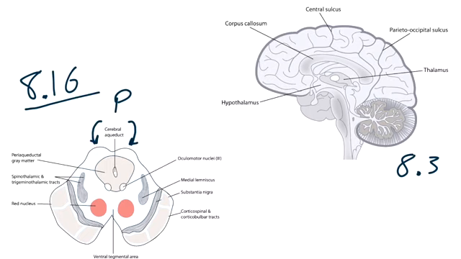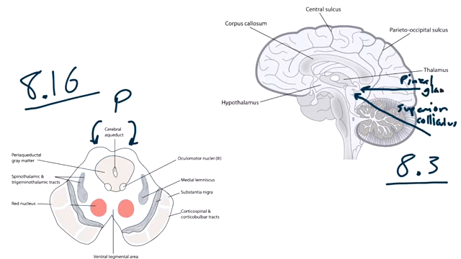In figure 8.3, we can see the superior colliculus right here, just inferior to the pineal gland. So it stands to reason that in the case of a pineal gland tumor, the superior colliculus could easily be compressed, resulting in damage to the vertical gaze pathway, causing vertical gaze palsy.